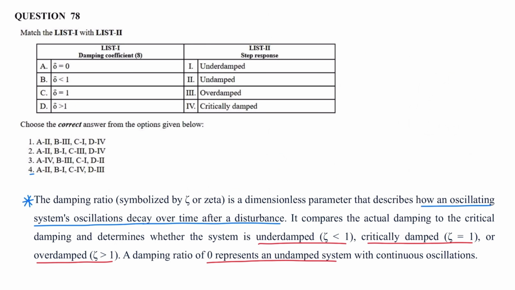So from the list, zeta equal to 0, undamped: A2. Zeta less than 1, underdamped: B1. Zeta equal to 1, critically damped: C4. Zeta greater than 1, overdamped: D3. A2, B1, C4, D3. Correct answer is option 4.